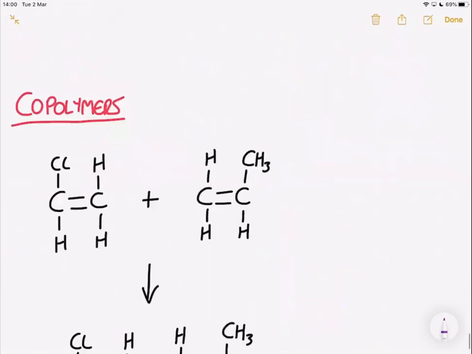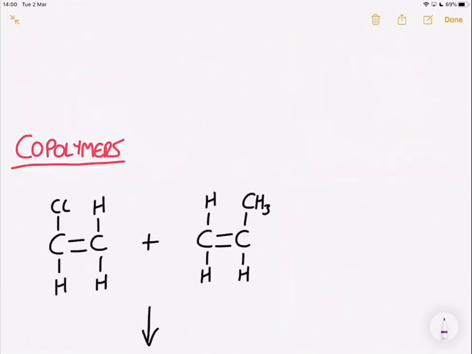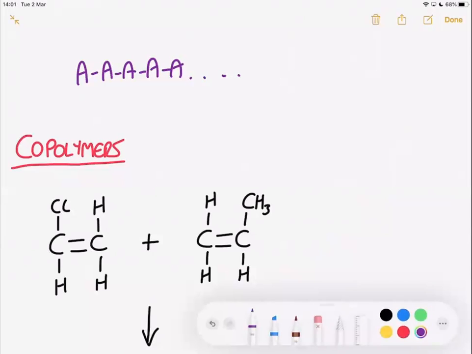So something else that's probably worth mentioning is there's a class of addition polymers called copolymers, right? So everything we've looked at so far has what we call an A, A, A, and so on structure, basically meaning it's the same monomer over and over and over again, right?